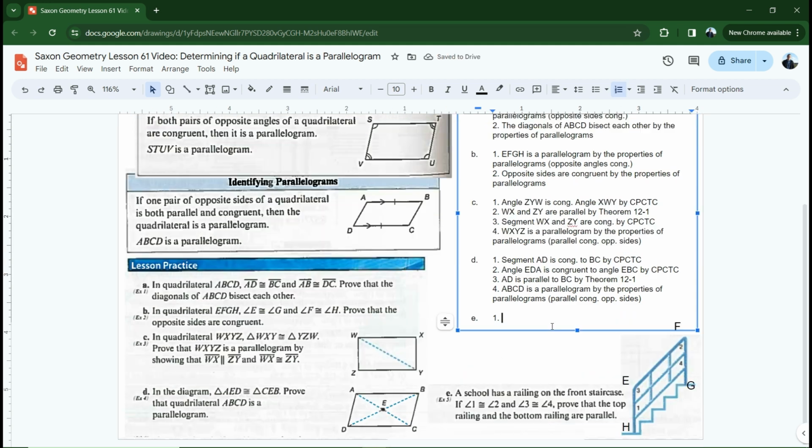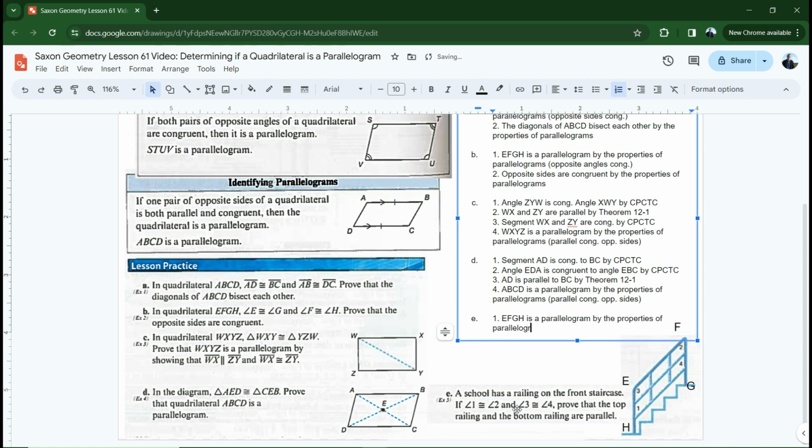So I'm told that angle 1 and angle 2 are congruent, and angle 3 and angle 4 are congruent. So what I could state is that EFGH is a parallelogram by the properties of parallelograms. And then I'm going to note in parentheses which one I'm using.